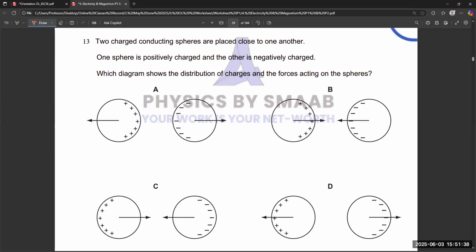Okay. Question number 13. Two charged conducting spheres are placed close to one another. One sphere is positively charged and the other is negatively charged. Which diagram shows the distribution of charges and the force acting on the spheres?